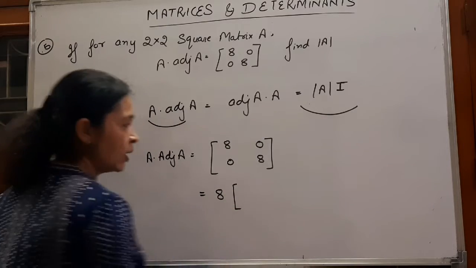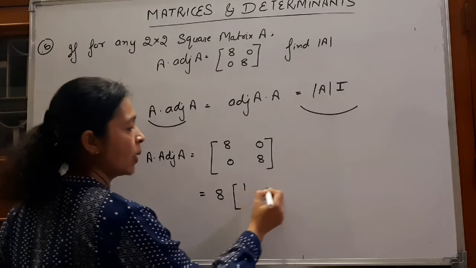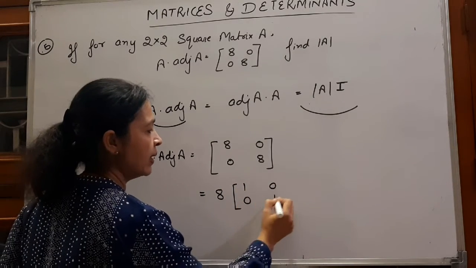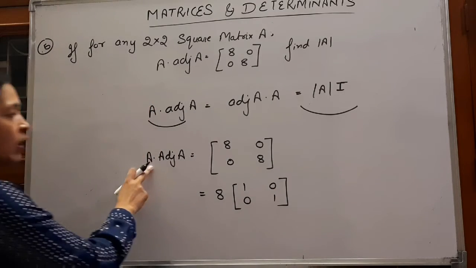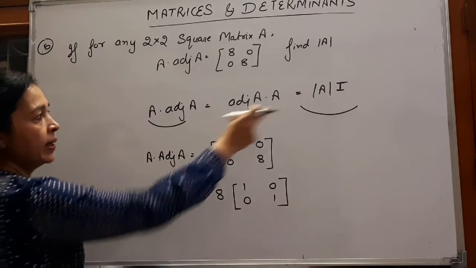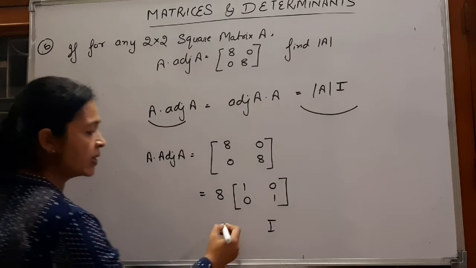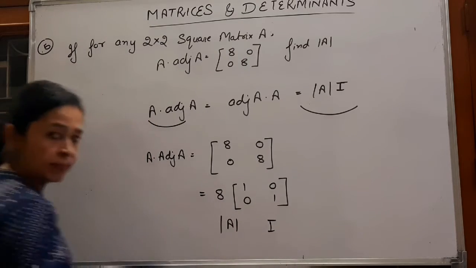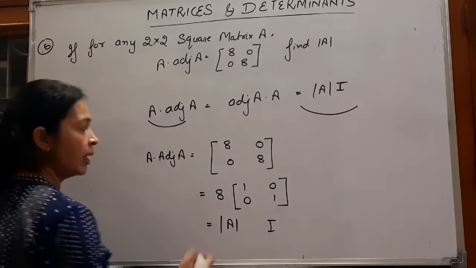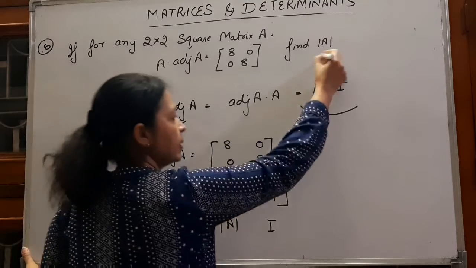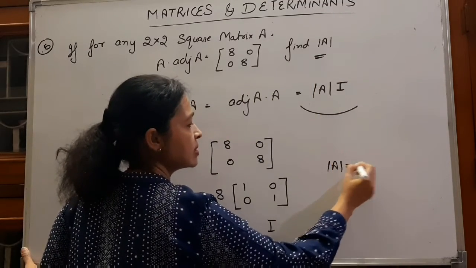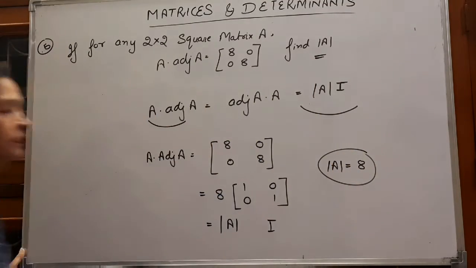We have taken 8 outside. What is left here? 1, 0, 0 and 1. What is A into adjoint A? Determinant of A into I. This is I, the identity matrix. This must be determinant of A. So what we have to find? Determinant of A, and this is equal to 8.